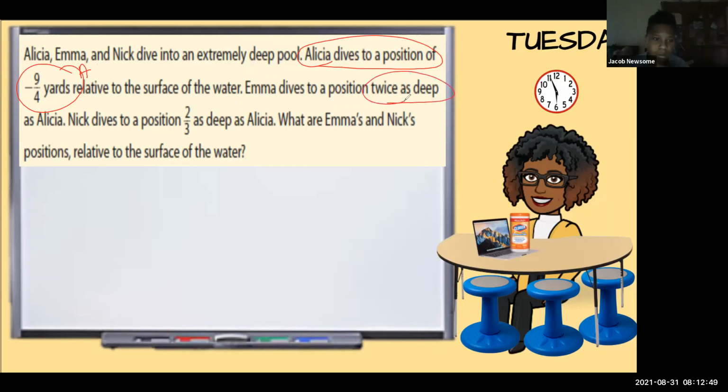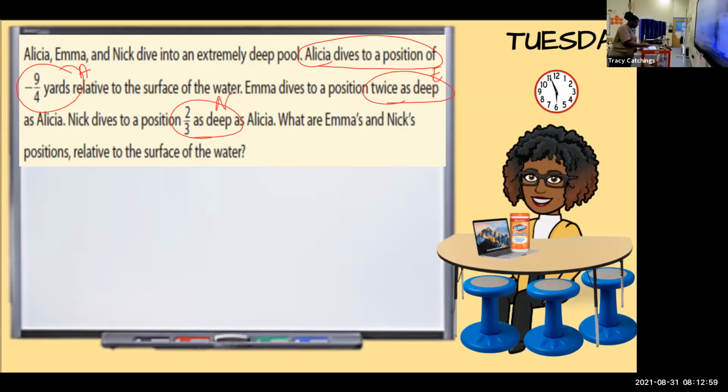All right, Emma is twice as deep, and then what did they tell us about Nick? Nick dived 2/3 as deep as Alicia. Good job. So we only got one number for Alicia, and then they want us to use that number to help us find the others. So you think that's multiplication or would that be division? Multiplication. Good job, that is multiplication.